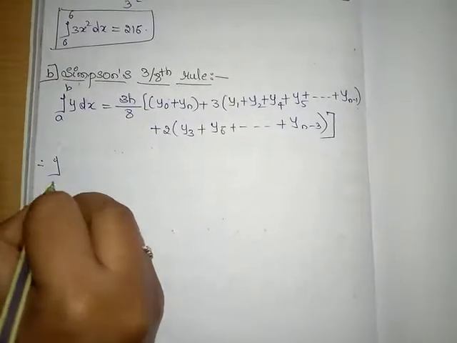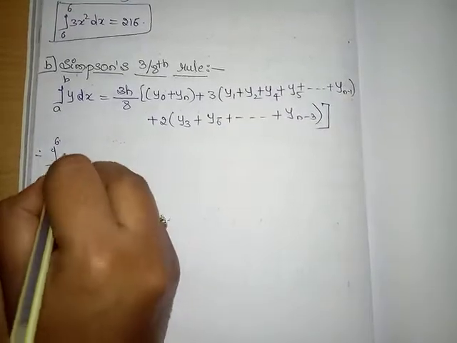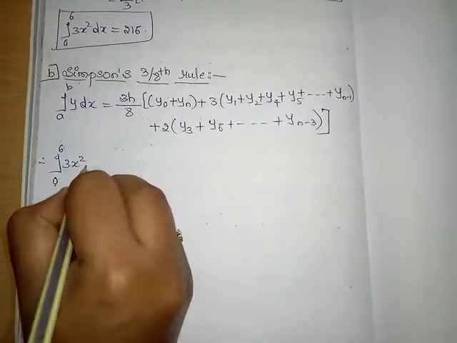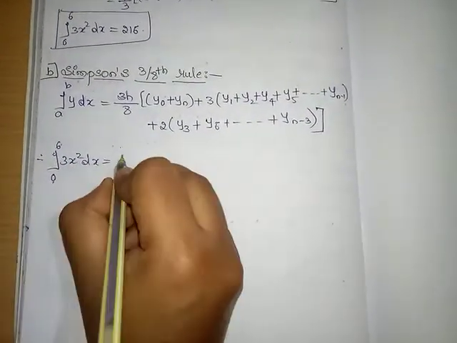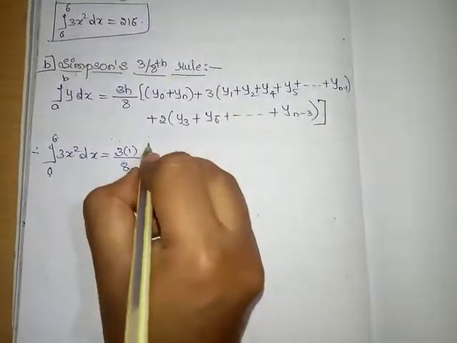Therefore, the integral from 0 to 6, a is 0, b is 6, y is 3x square dx, is equal to 3 into 1 divided by 8, since h value is 1 here.